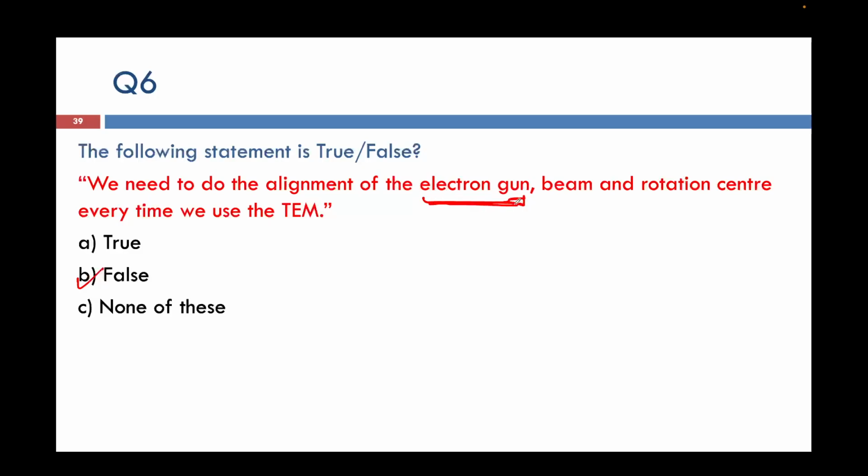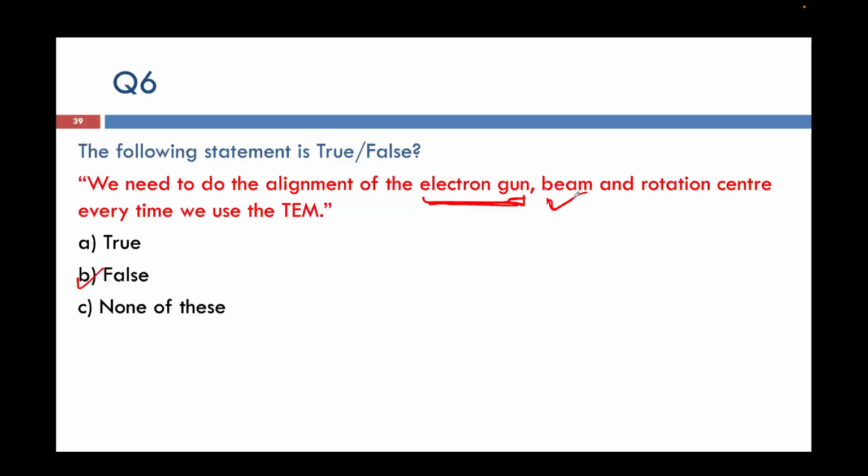We need to align the electron beam according to our requirement. But the electron gun is fixed. So we do not change the alignment of the electron gun. We change the strength of the lenses, how much deflection we want, how big the probe size we want. Based on that we change the strength of the lenses, so that our beam will be aligned with our sample.